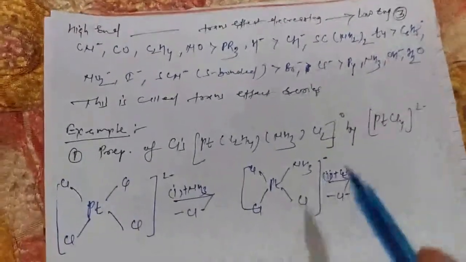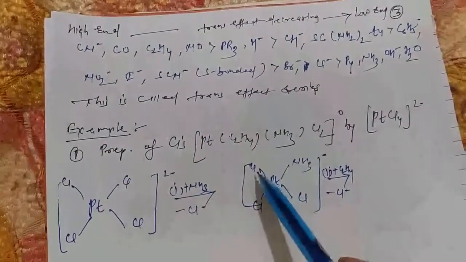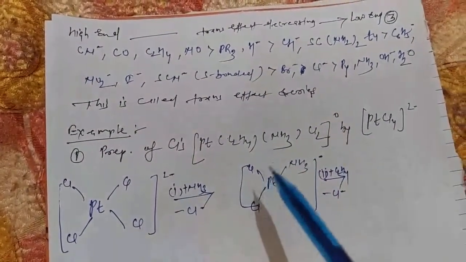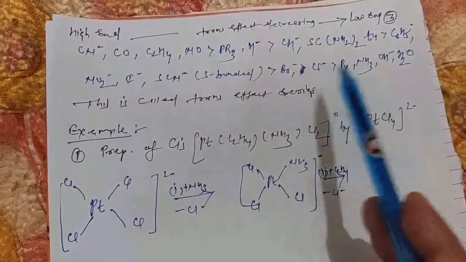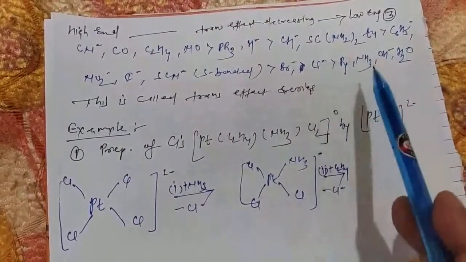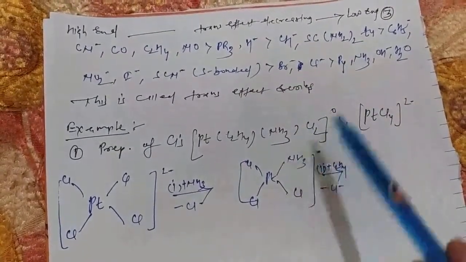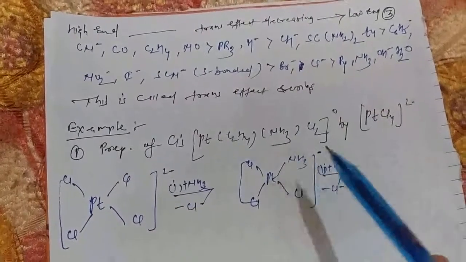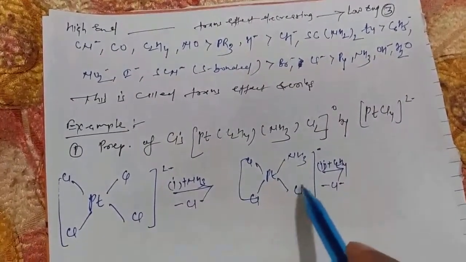Now what will happen here? We actually have two choices: the trans effect of ammonia and the trans effect of chlorine. As I told you, the trans effect of chlorine is greater than ammonia, whereas ammonia has a lower trans effect. So we have a choice to replace only this chlorine.